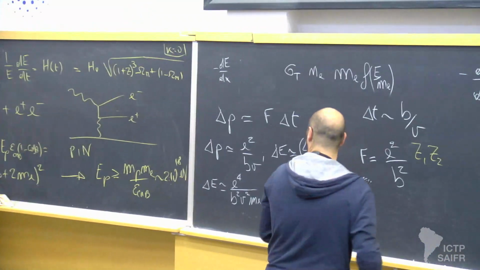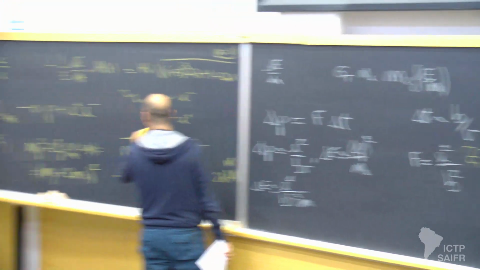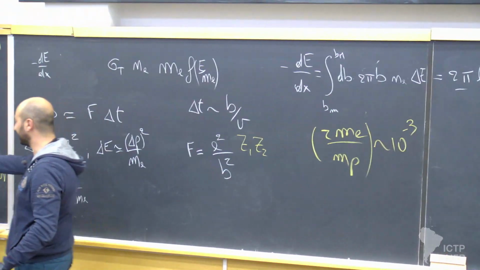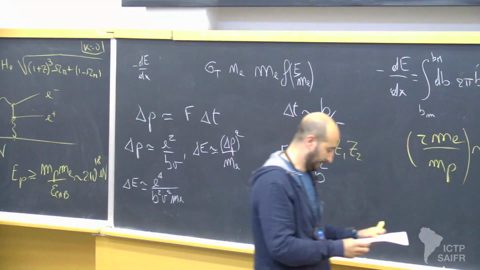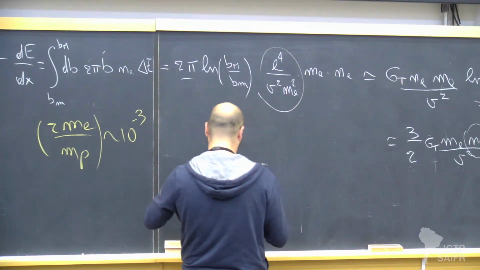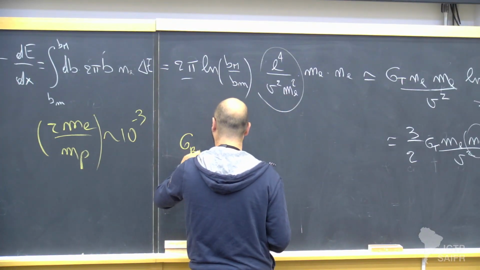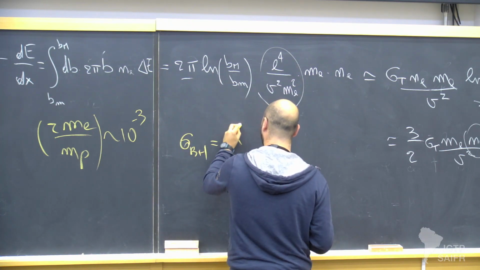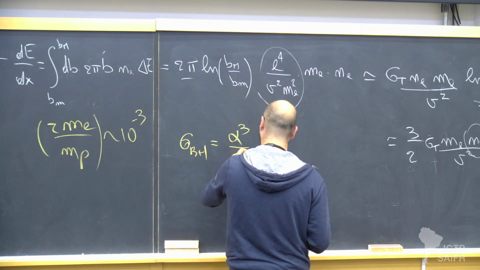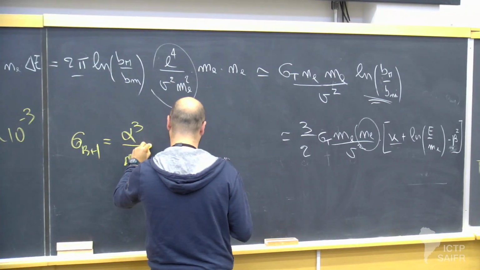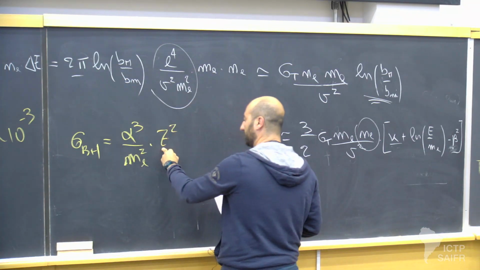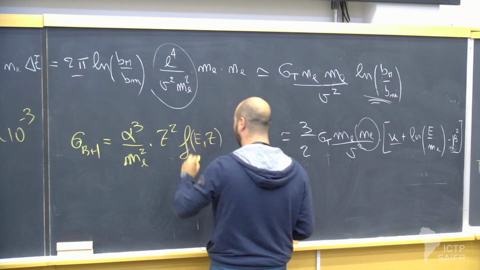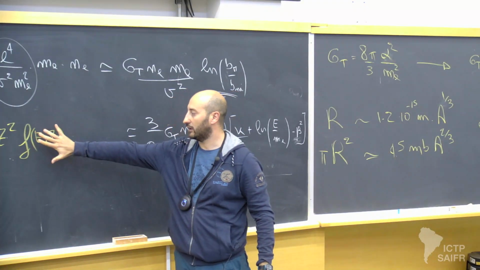And second, again, look at the diagram here. 3 vertices. There might be a Z here if there is a nucleus. But basically we can repeat the same argument as before. The cross-section for the Bethe-Heitler process is going to scale as alpha cubed over m_e squared, very similar to what we did for Bremsstrahlung, times Z squared if there is a nucleus, not the proton, times a numerical function of the energy and the charge, which is of order 1 for our approximation.